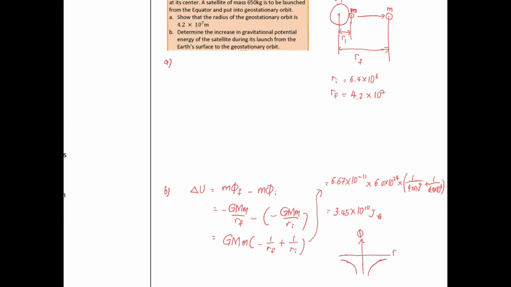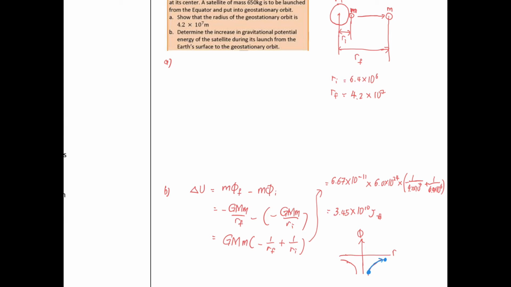When you bring an object which is very near, you bring it away, you can see there is an increase in phi. So increase in phi, increase in gravitational potential. This will happen when the graph is having a negative sign, so that's why the negative is very important. So when you bring an object away, gravitational potential increases, gravitational potential energy increases as well.